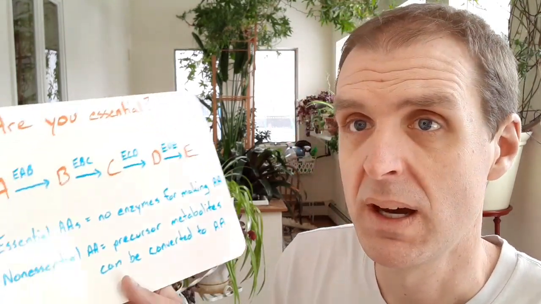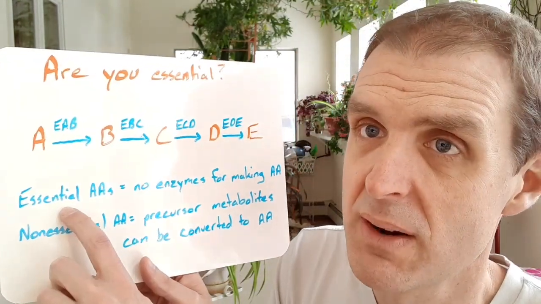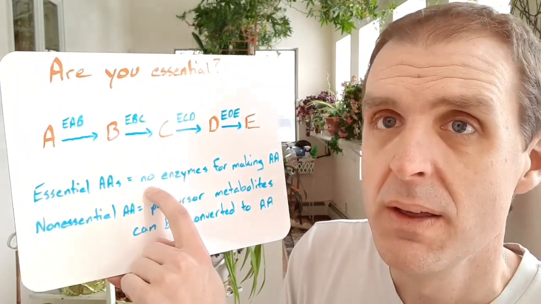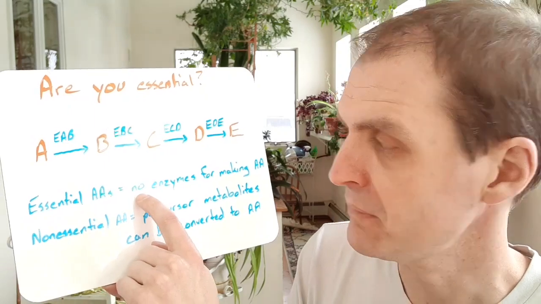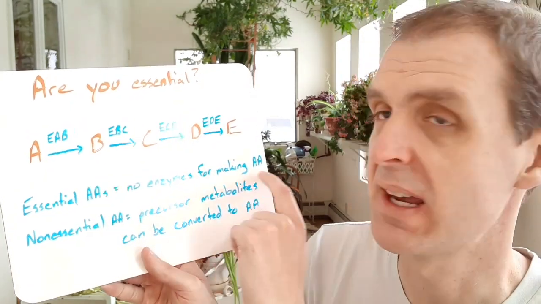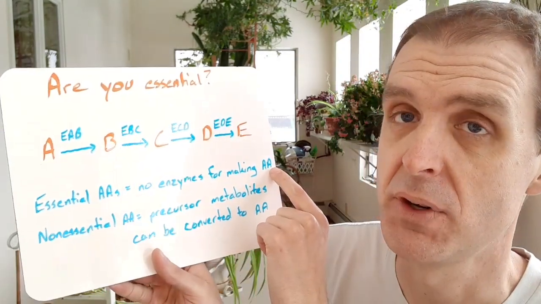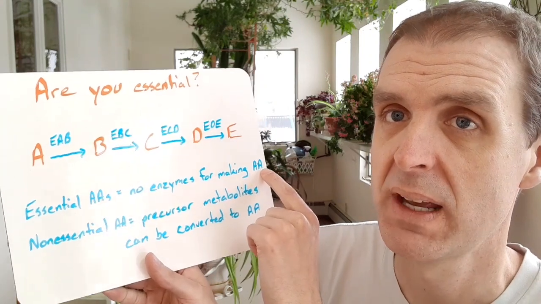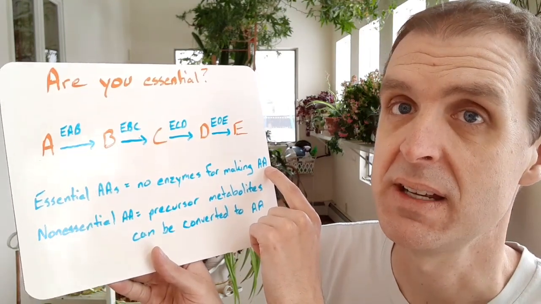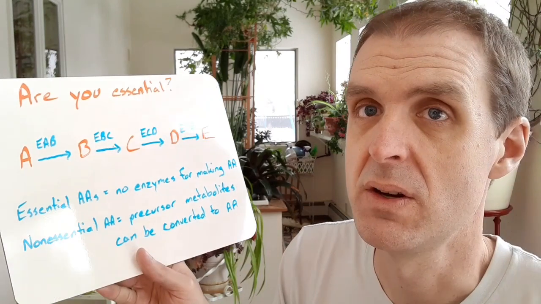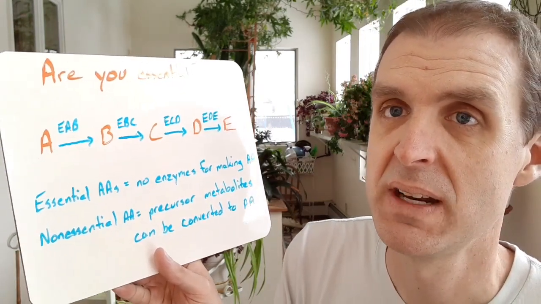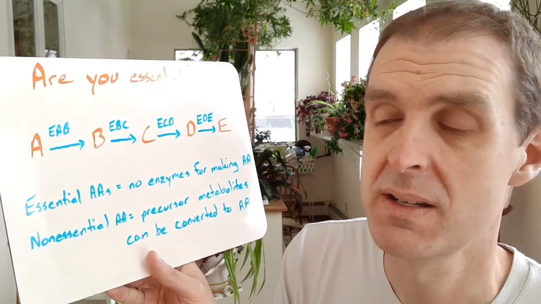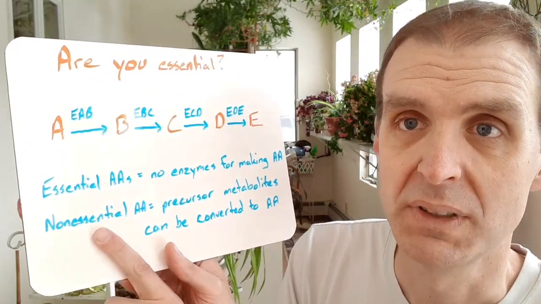But anyway, if you have essential amino acids, it means that the genome of the organism that is consuming the food doesn't have enzymes for making that particular amino acid. If you don't have the enzymes for making an amino acid, then you have to eat the amino acid, or you don't have that particular amino acid. You can't build all the proteins you might need to build, and you are sick or dying.